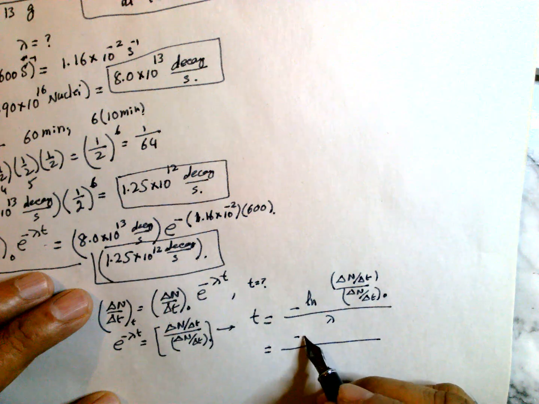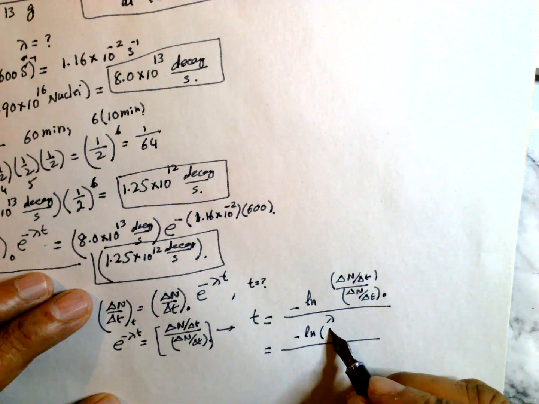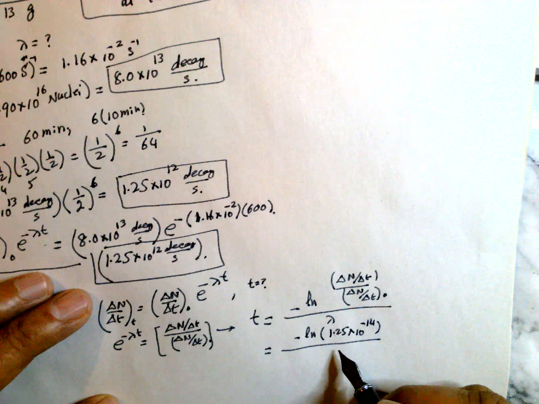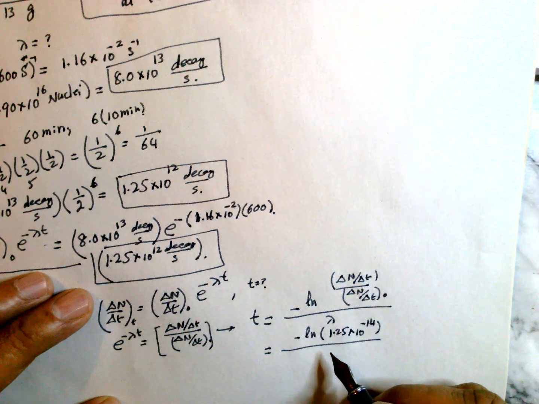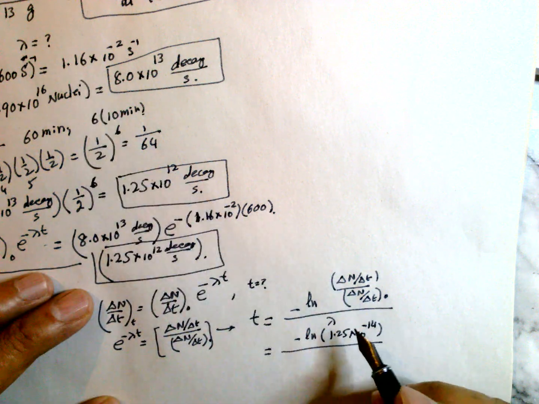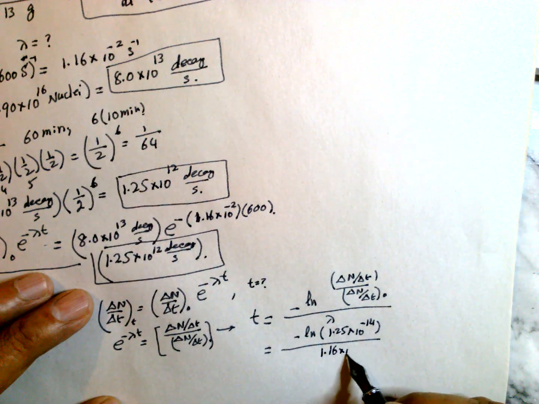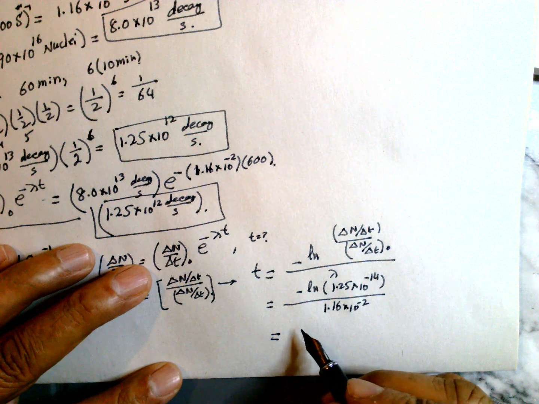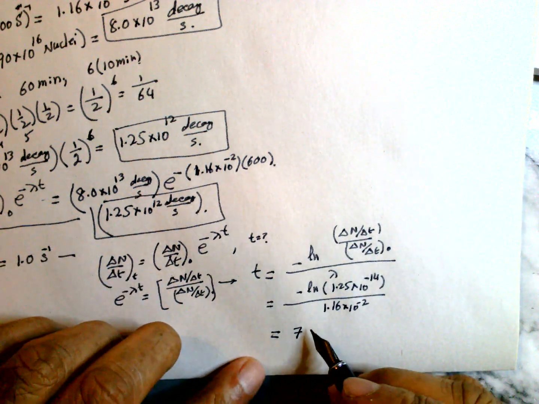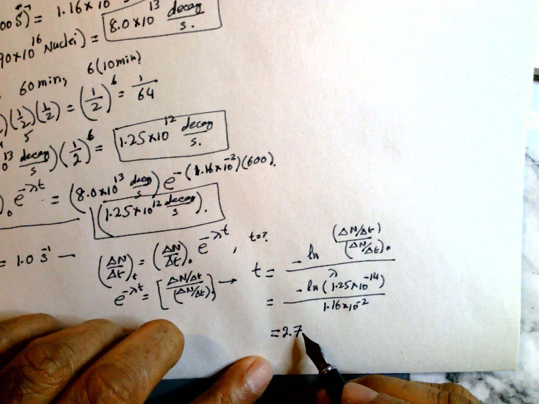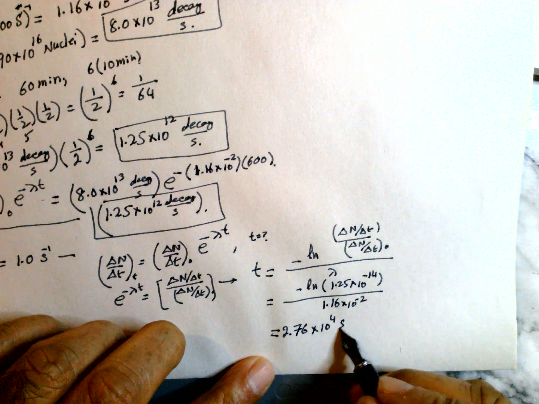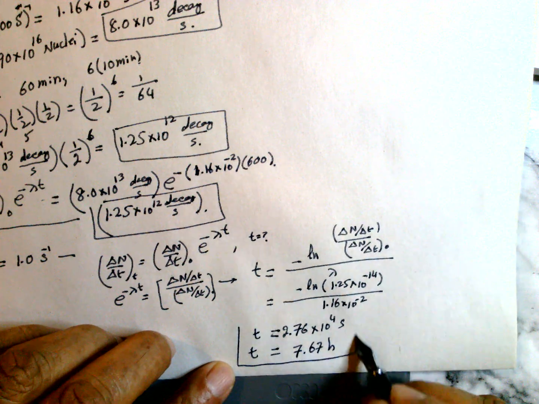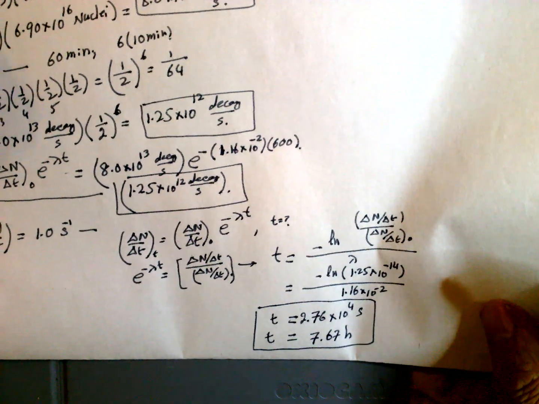This is equal to minus ln of 1.25 into 10 to the power minus 14, over lambda, which we have calculated: 1.16 into 10 to the power minus 2. So we find this is equal to 2.76 into 10 to the power 4 seconds, which is equal to 7.67 hours. This is the answer to this question.